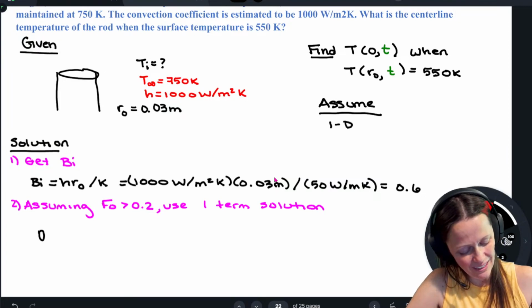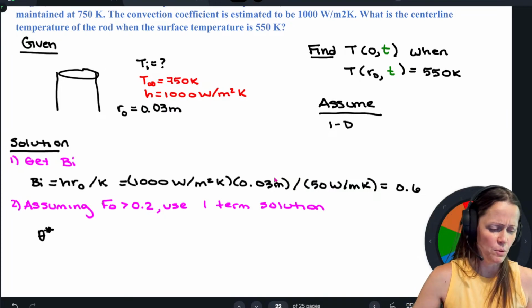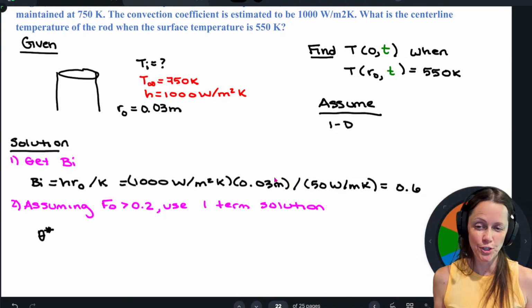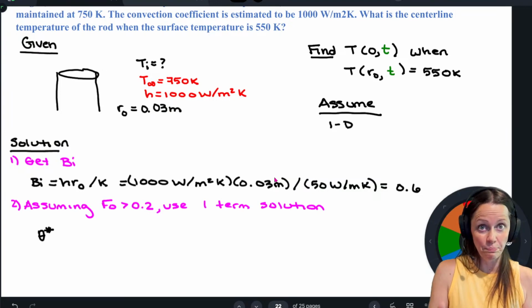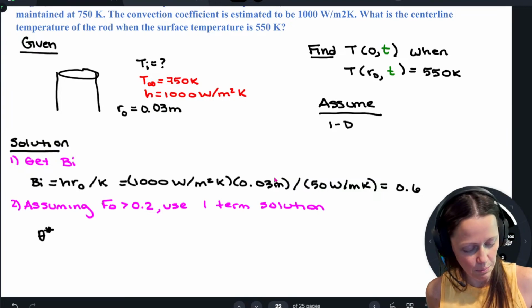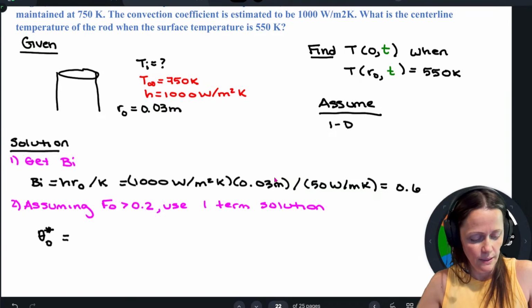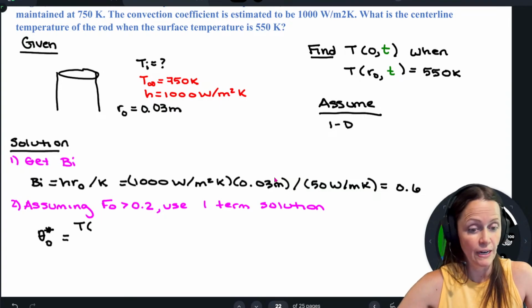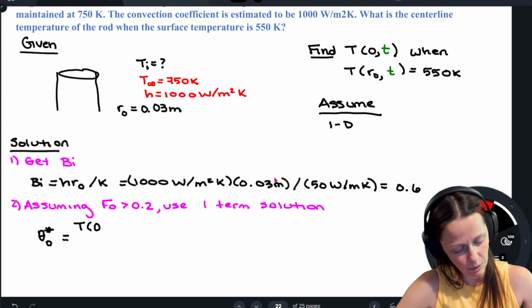So I've got a theta star, and I'm wanting to know the temperature at the center line. So let's define that theta star. I'm going to put a little naught there because I'm defining things at the center line, so I'm going to give it a special name.